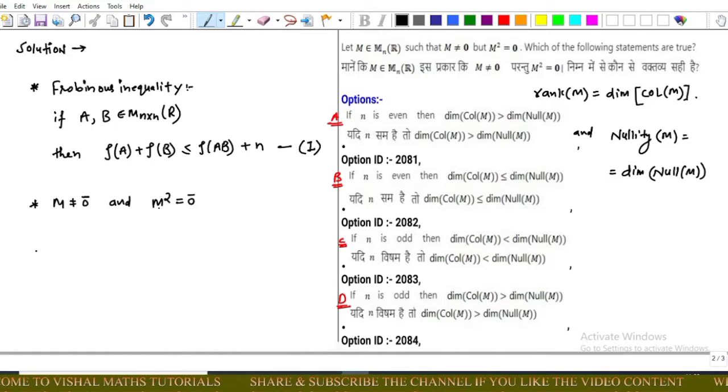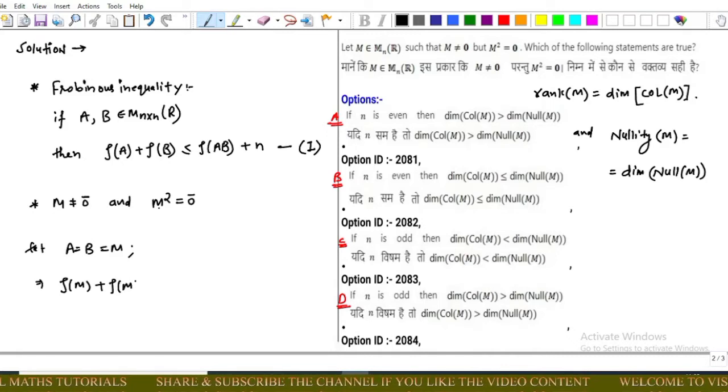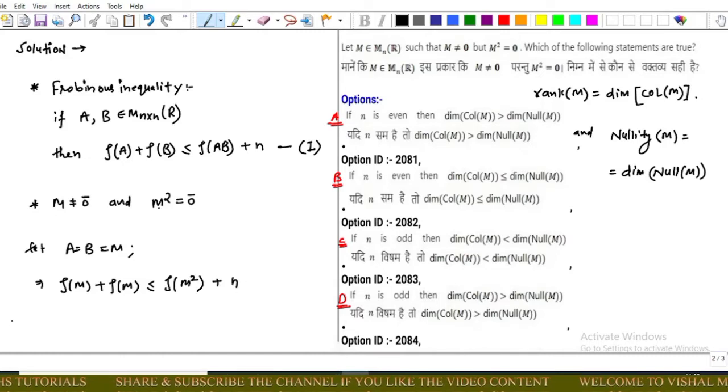Now using the Frobenius inequality, let A equal B equal M. This implies that rank of M plus rank of M is less than or equal to rank of M power 2 plus n.